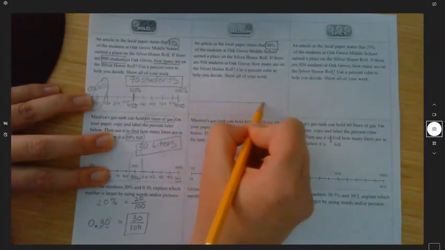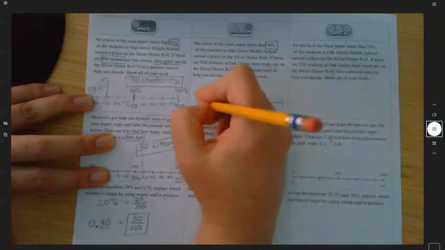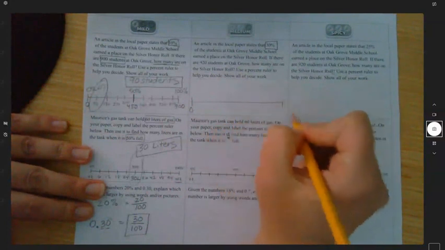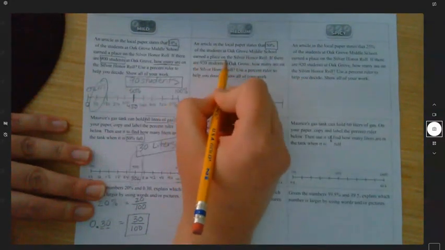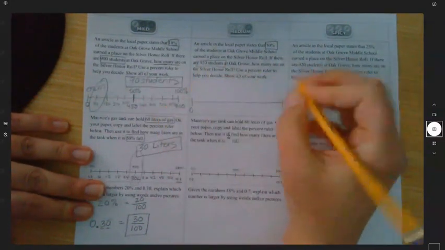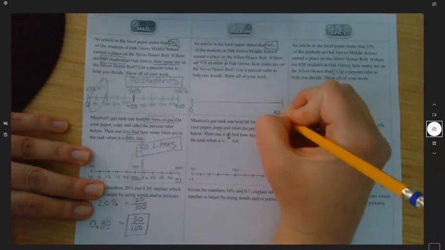So my percent ruler, we're going to start at 0. And all of my students, 920, go here.